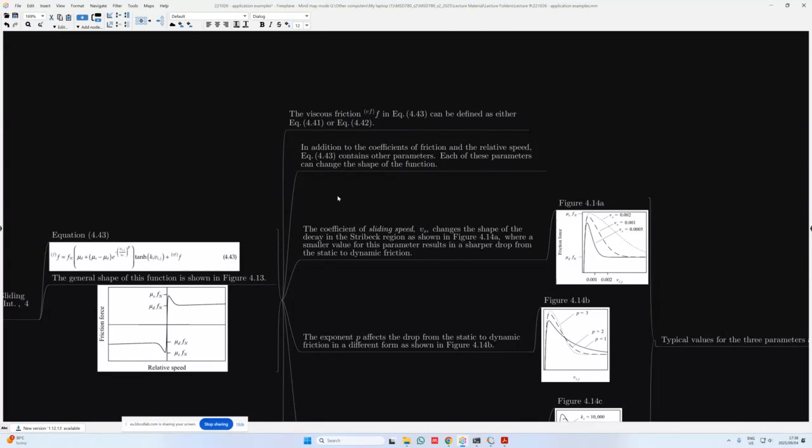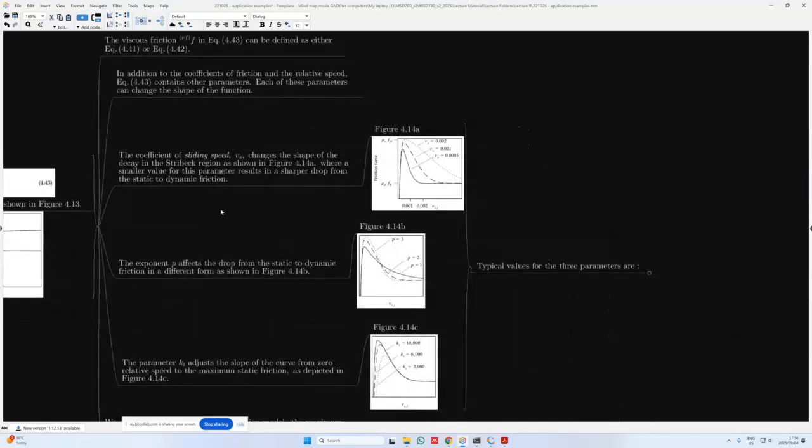In addition to the coefficients of friction and the relative speed, equation 4.43 also contains some other parameters, and each of these parameters can change the shape of the function. And we discuss some of these shape changes over here. So firstly, we have the coefficient of sliding speed V_s, which changes the shape of the decay in the Stribeck region, as shown in figure 4.14a. So for different values of V_s, we can see what the effect is over here.